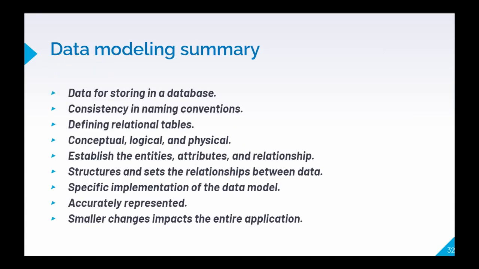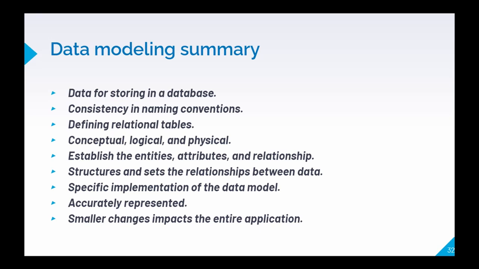Alright, so we are almost done. Okay, so out of 46 slides, nasa 32 na tayo, so bear with me. Now we have the data modeling summary. To summarize, of course, number 1, data modeling is the process of developing a data model for the data to be stored in a database.